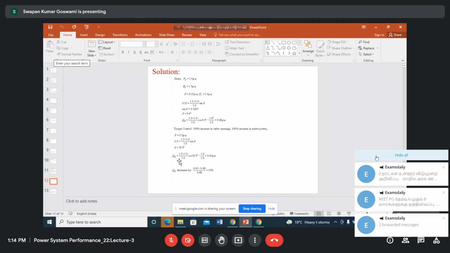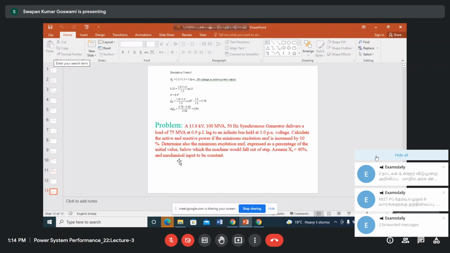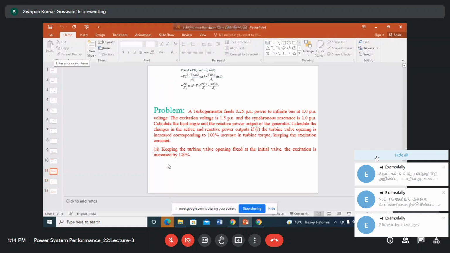Okay. Then the next part, what was the next part? The question was keeping the turbine valve opening fixed at the initial value. Initial value means corresponding to 0.25 per unit power.